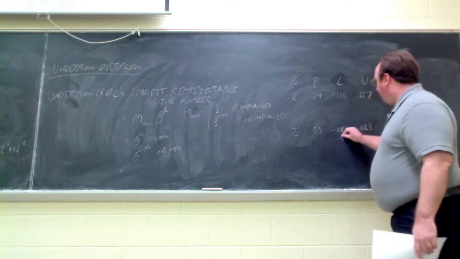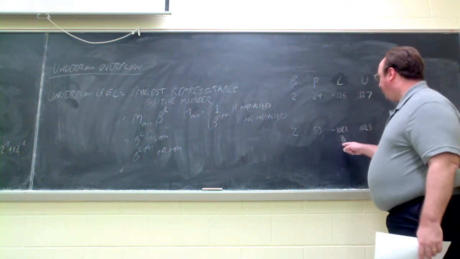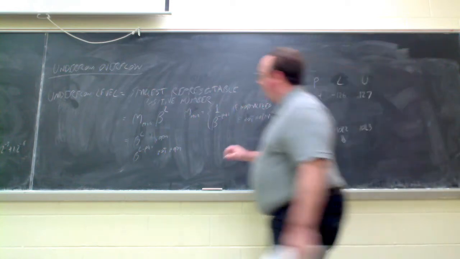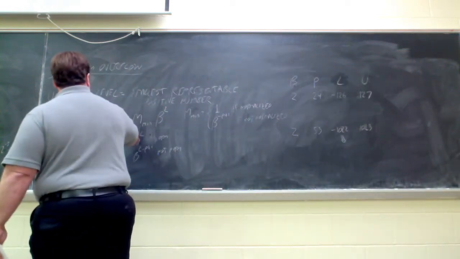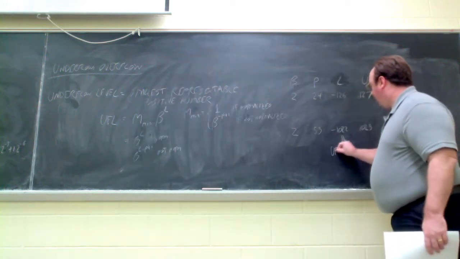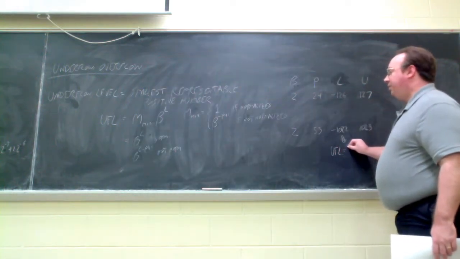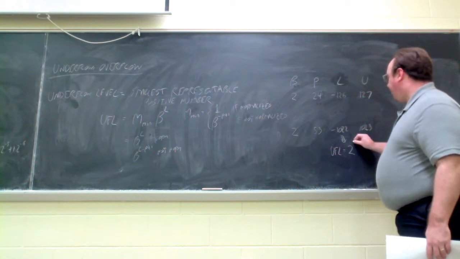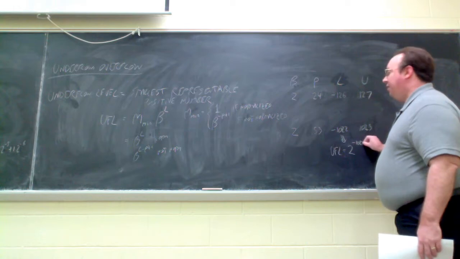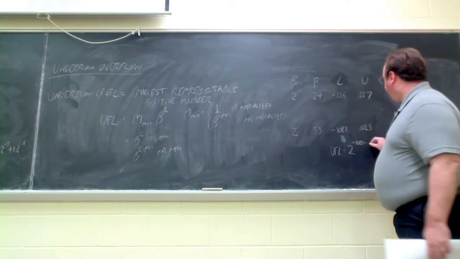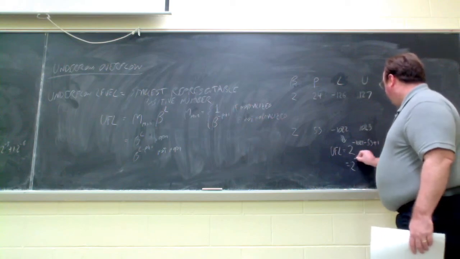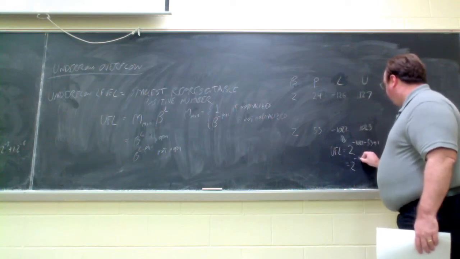So it's because of this that the underflow level, UFL, is equal to 2 to the minus 1022 minus p, which is 53, plus 1. So that's going to be 2 to the minus 1074.